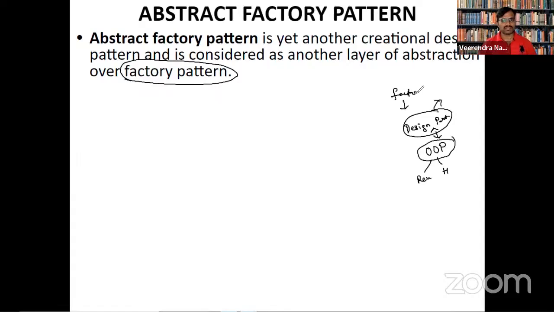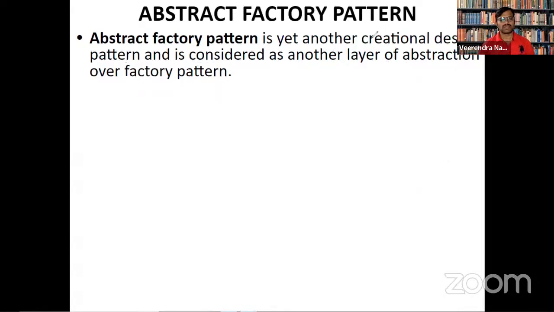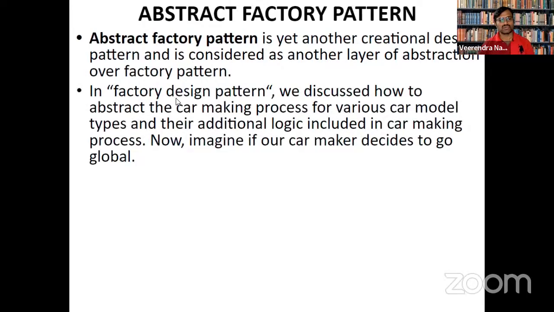The factory pattern gives you a single level of abstraction, of course, but that's still not enough because it may expose our code to some of the high level things. That is where the next level of design pattern, the abstract factory pattern, comes into the picture. So we consider this as another layer of abstraction over the factory pattern.